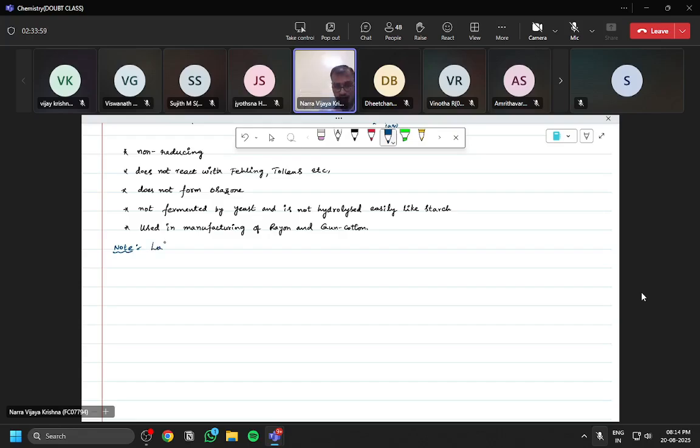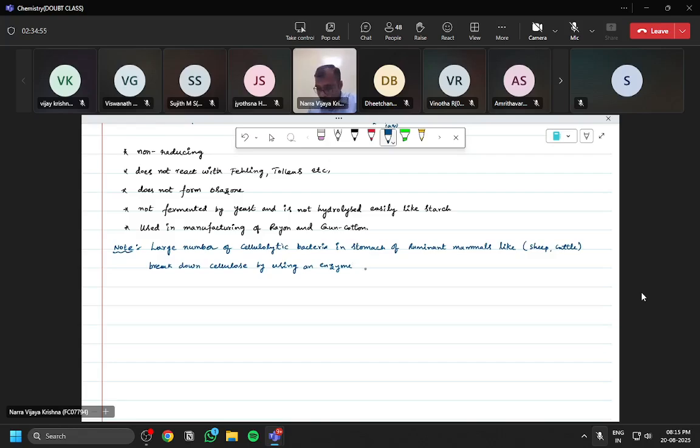That's why they can digest it. A large number of cellulolytic bacteria in the stomach of ruminant mammals like sheep and other cattle will break down beta glycosidic linkages by using the cellulase enzyme.